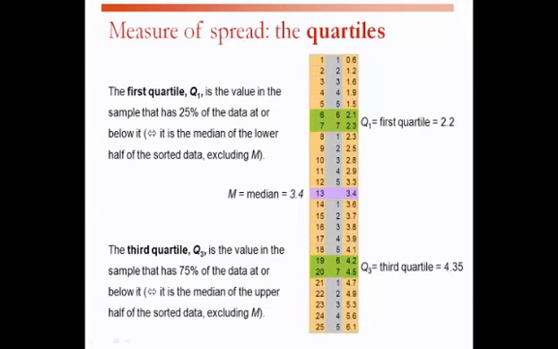50. Very good. The median is nothing but the 50th percentile. Quartiles are nothing but multiples of 25. That's it. So it's going to be very easy to figure out the 25th percentile. How do I do that? First, identify the median.